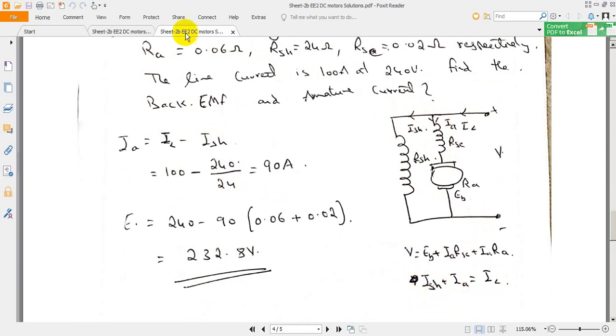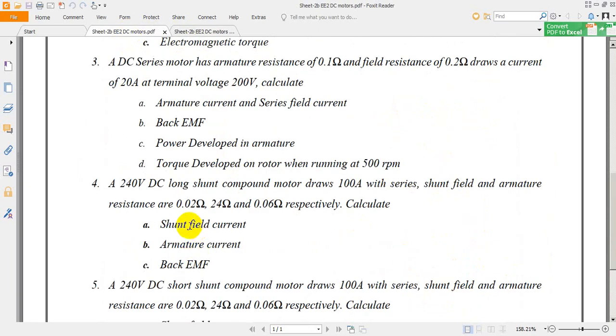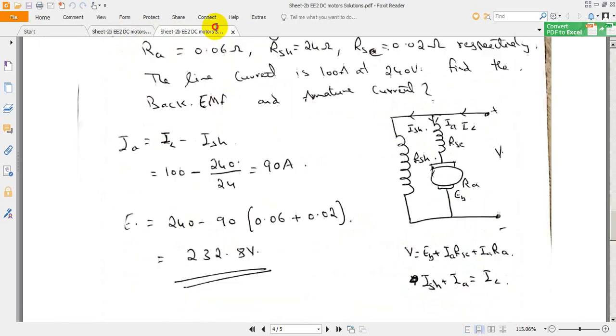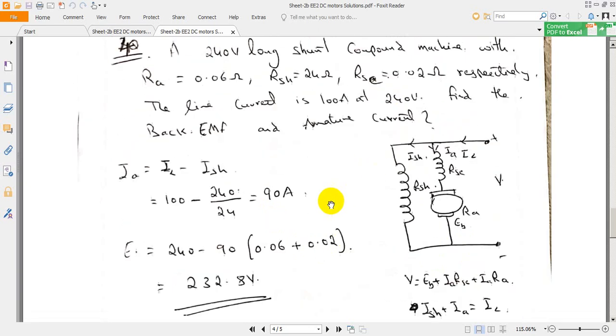Now to start with, the first parameter we need to calculate is the shunt field current, ISH. What is ISH? ISH is equal to VSH by RSH. VSH value is 240.